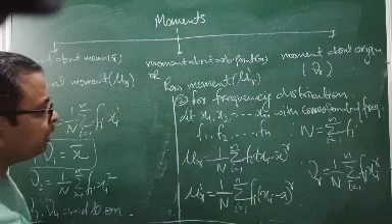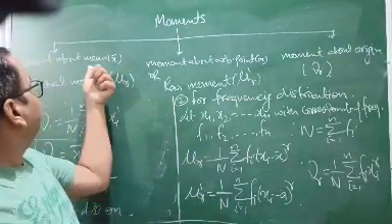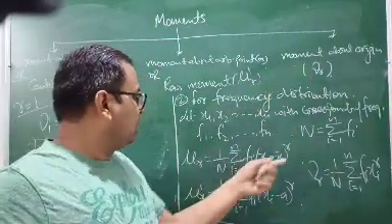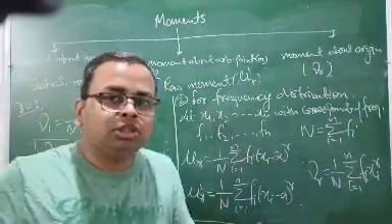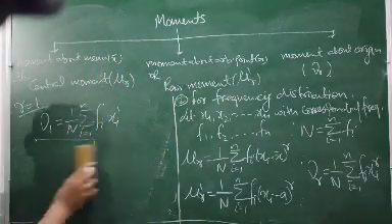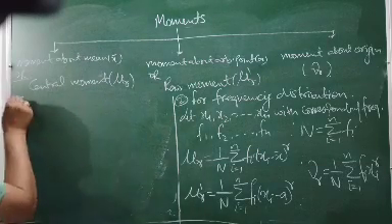The most important thing: what are the values of moment about mean, moment about arbitrary point, and moment about origin at r is equal to 0? So now we calculate for r is equal to 0 for all three formulas.